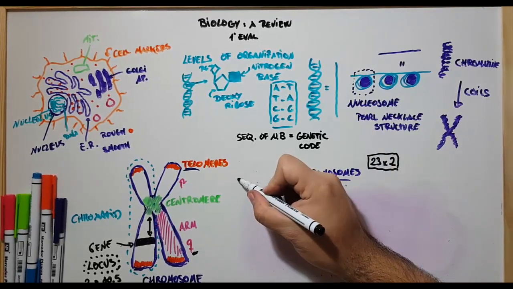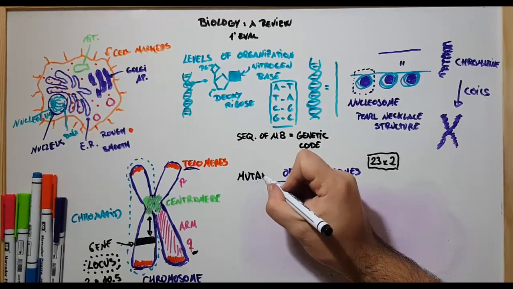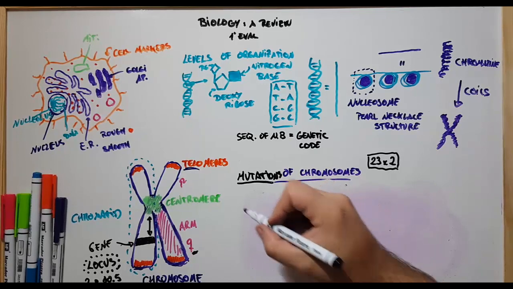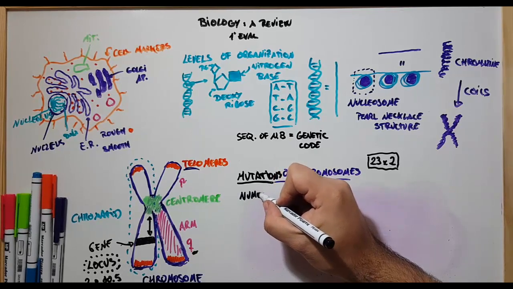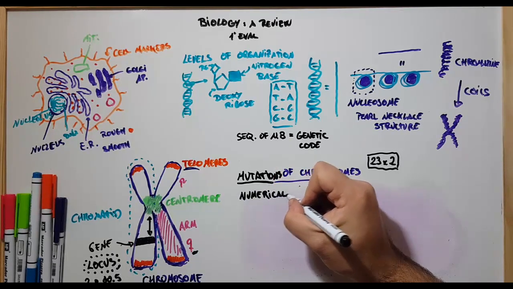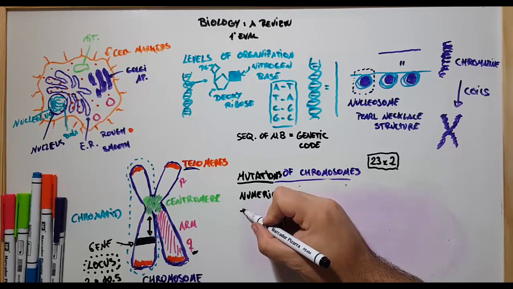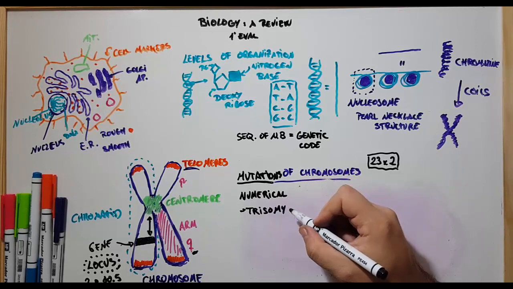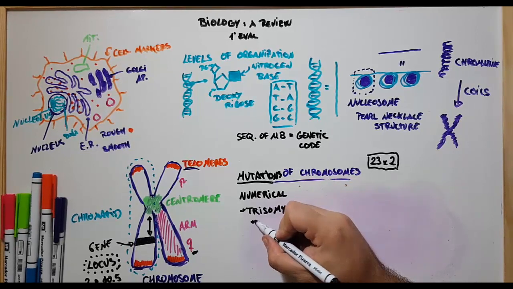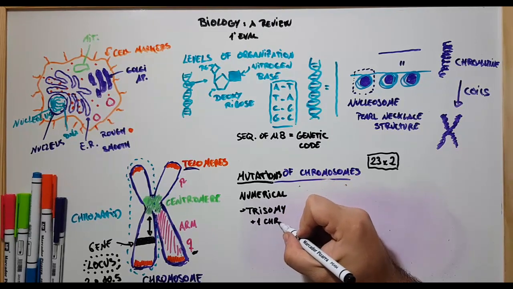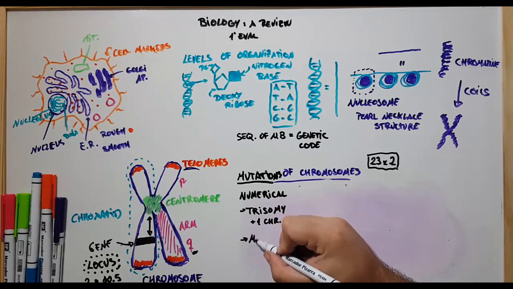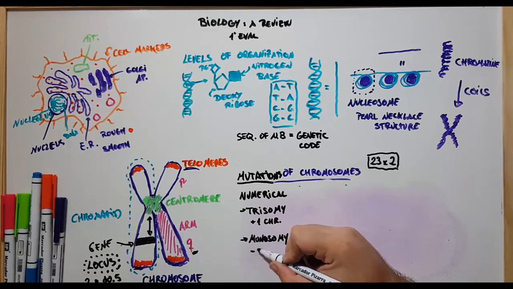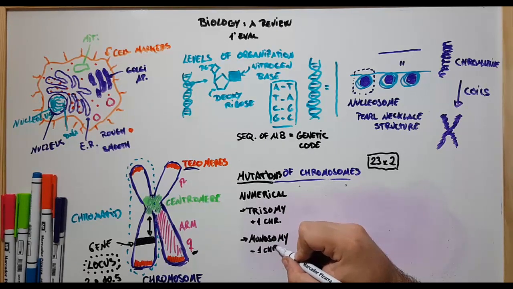Okay, mutations, remember that we have numerical mutations: trisomy with one extra chromosome and monosomies that have one less chromosome.